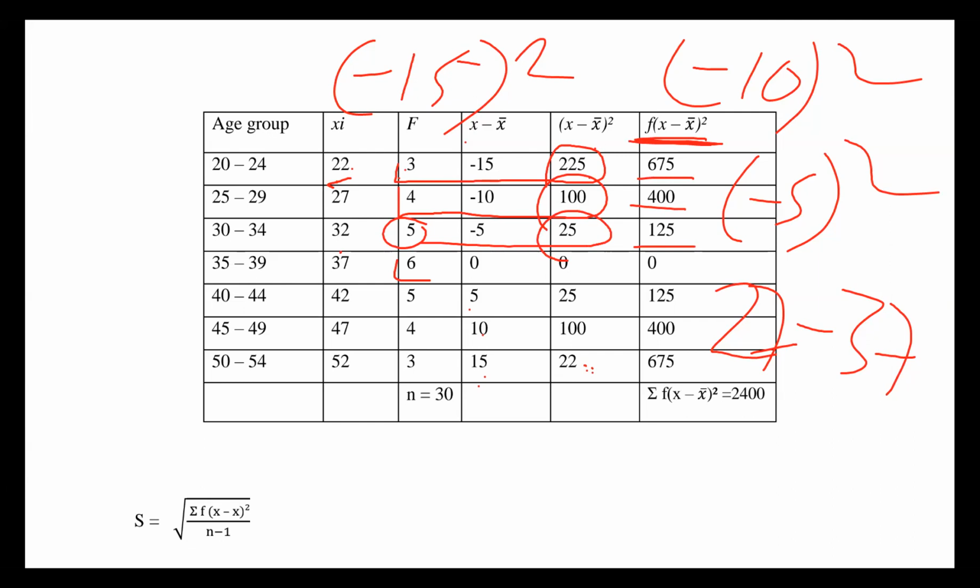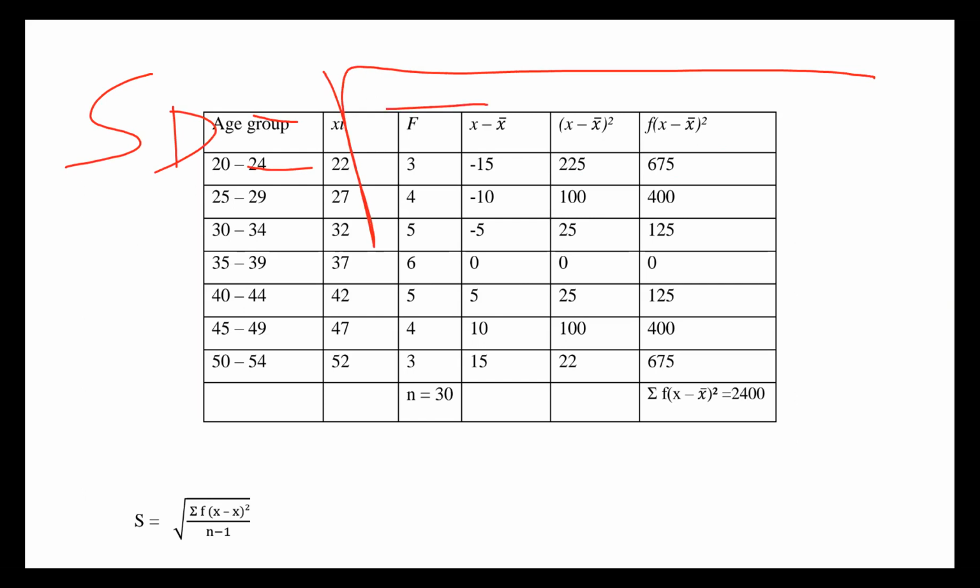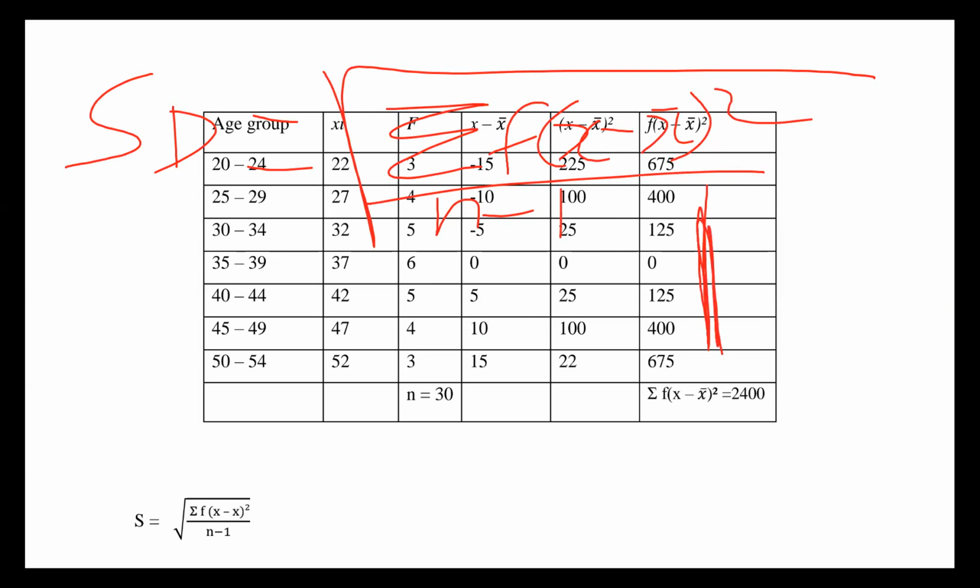Then from there, in the formula we said to find the standard deviation, you should square root the summation of frequency times the x minus x bar squared. Then you divide by n minus 1. So to find this numerator under the square root, you sum everything.